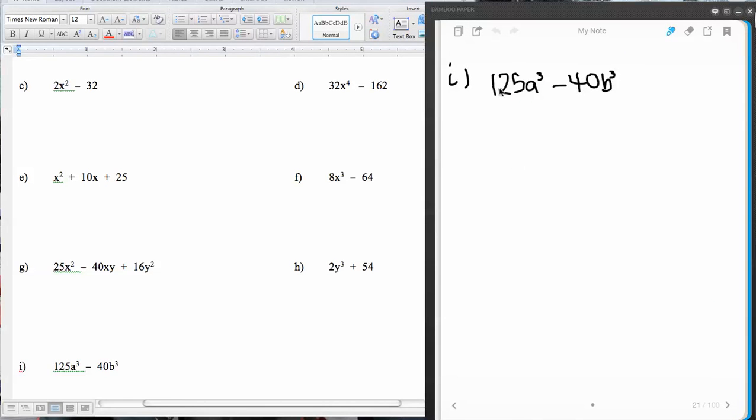Our I here, we look at I and we say, okay, anything in common? Well, there's actually a 5 in common here, so let's take out 5, and that's going to leave us with 25a cubed minus 8b cubed. And unfortunately, that's not a binomial difference of cubes, because 25 isn't a cube, so that one's done.